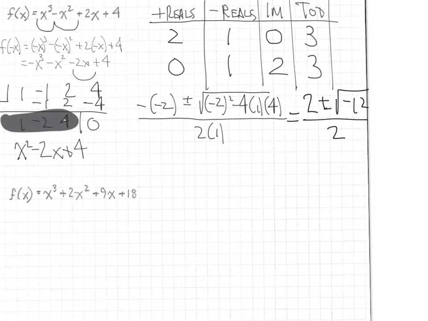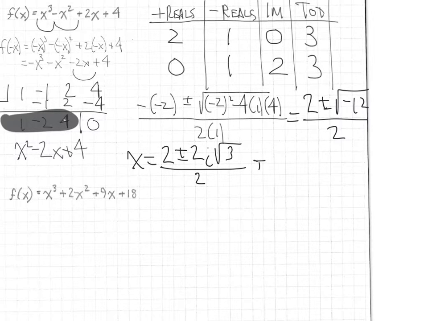That can be simplified further as x equals 2 plus or minus 2i radical 3 all over 2, which can be simplified down to 1 plus or minus i radical 3.